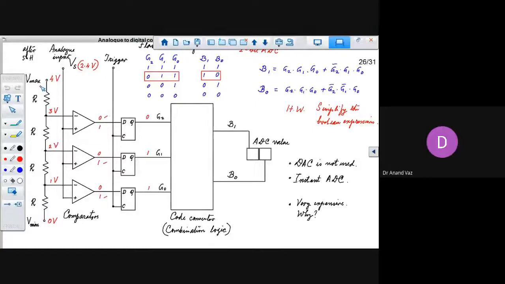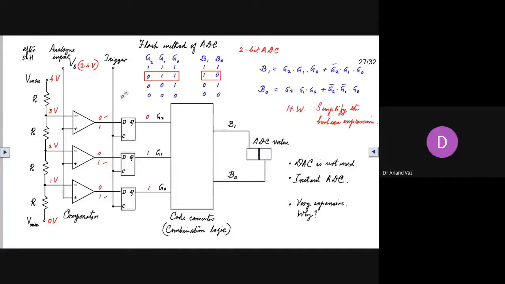So you are going from 0 to a maximum of 4 here. And while you are going from 0 to 4, what are the possible combinations that you can have corresponding to this 2-bit register?